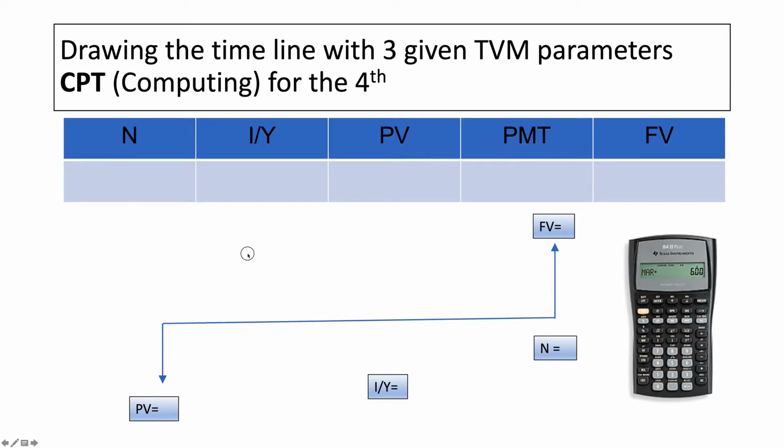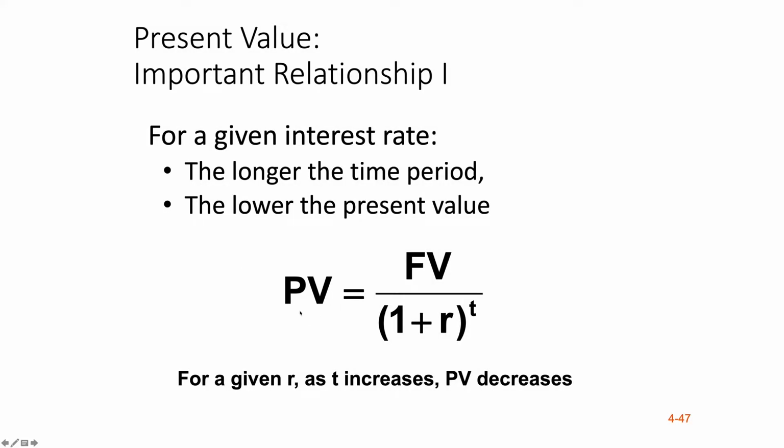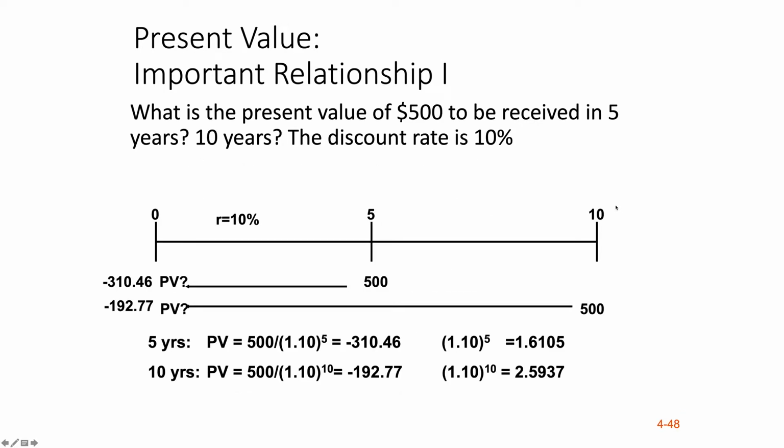So present value is the future value discounted at the discount rate or interest rate R for the period of t. This equation shows that as R, the discount rate, increases, the present value decreases. As t, the number of periods, increases, present value decreases. So it is inversely related. The example asks, what is the present value of $500 to be received in 5 years or 10 years?